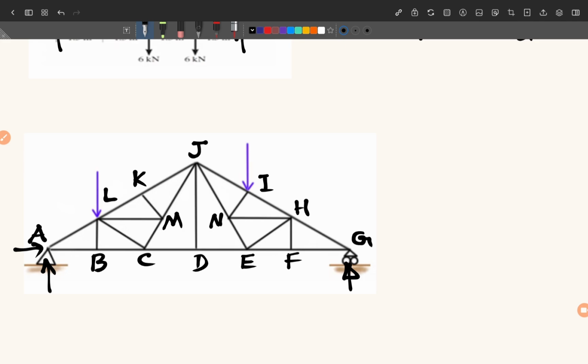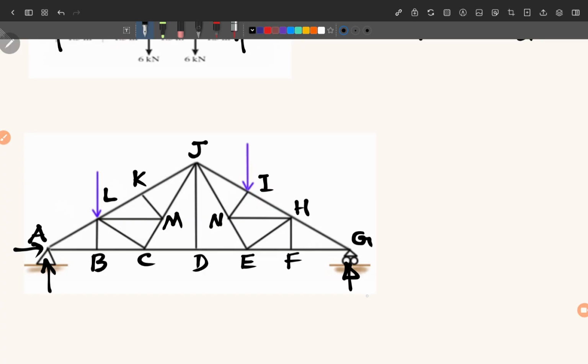So rule number 1, if we look at G and A, at G there are two members but there is a reaction, right? So we cannot apply that rule number 1. Similarly rule number 3 cannot be applied at G. Two forces are not in a straight line.